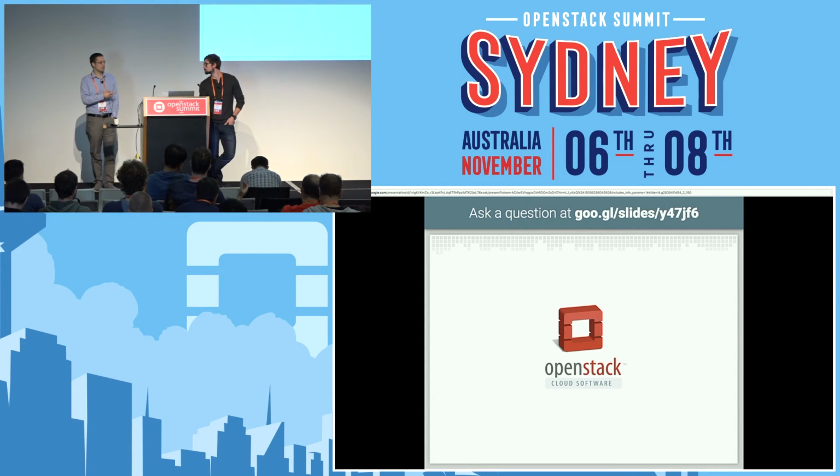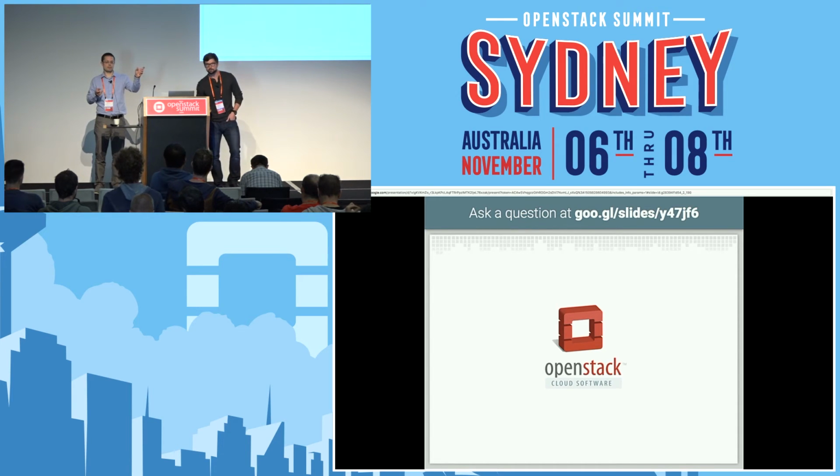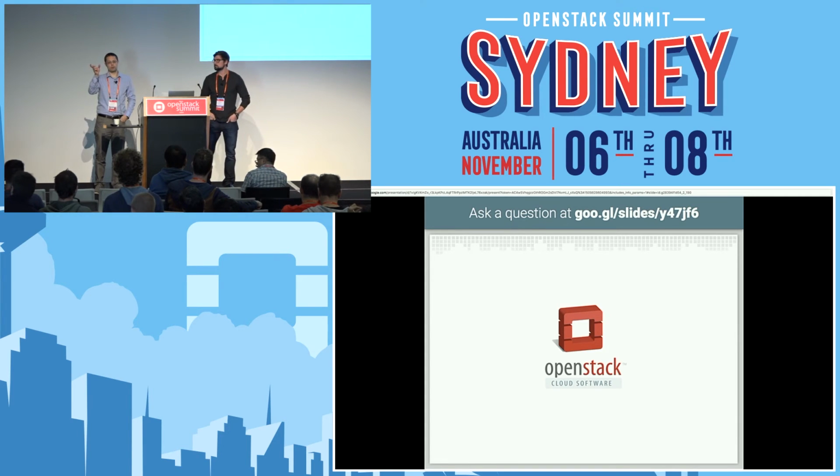Yeah, I think that's what Lance was referring to in the inconsistency. So there was a slide earlier where I showed the context matching the target. Obviously, in order for it to match something from the target, that target information has to be available to Oslo policy, which is doing the check.